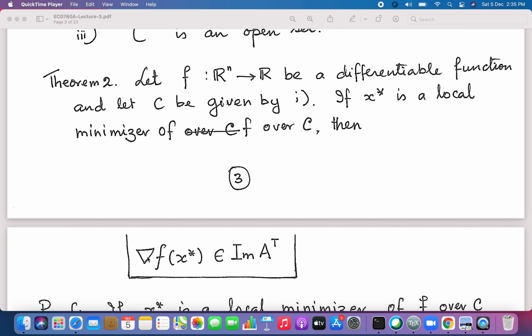I can write this as minus grad f x star is in the image of A transpose, because if grad f x star is in the image of A transpose, then minus grad f x star is too, because A transpose is a linear mapping, since it's a matrix, and the image of a linear mapping is always a subspace. So with this knowledge, let's proceed.